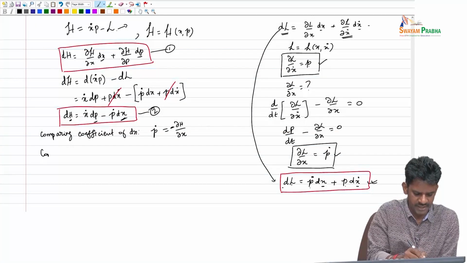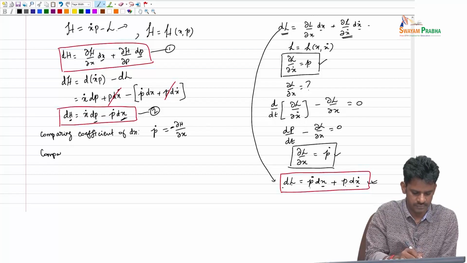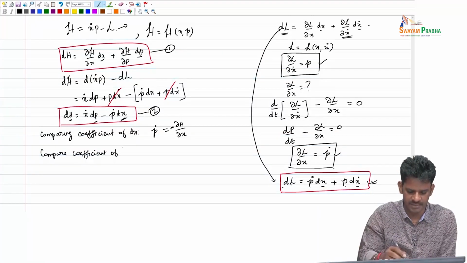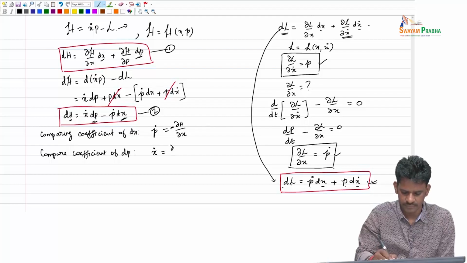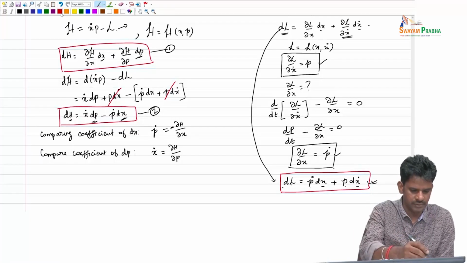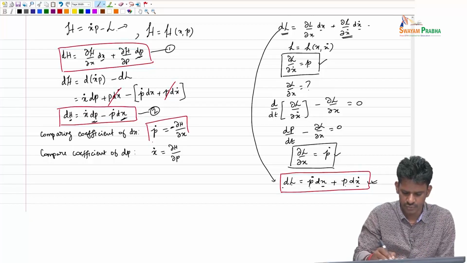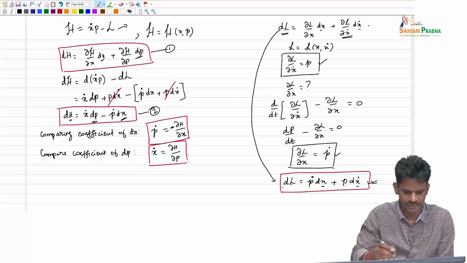And similarly, when you compare the coefficient of dp, that is this term and this term, you can show ẋ is equal to ∂H/∂p. So, this becomes the two set of Hamiltonian equations of motion.